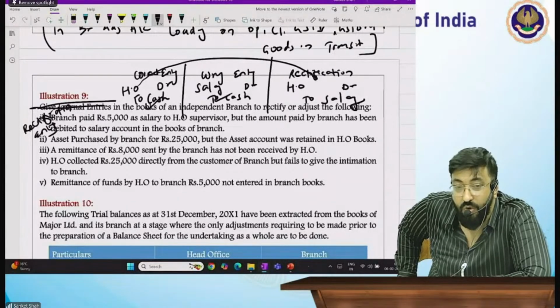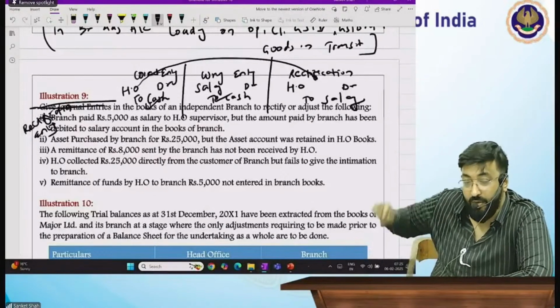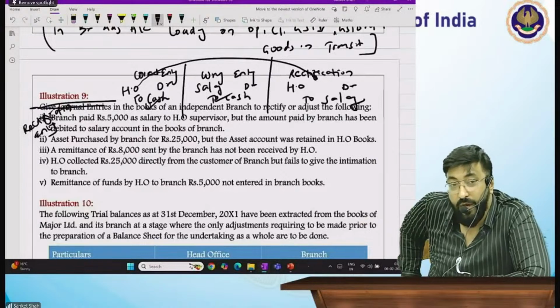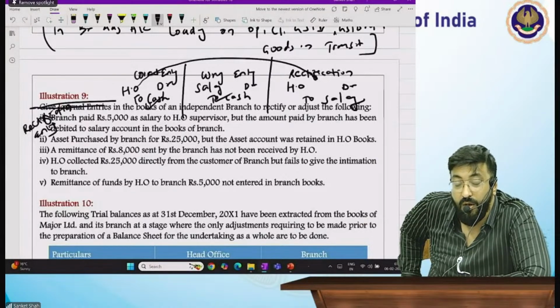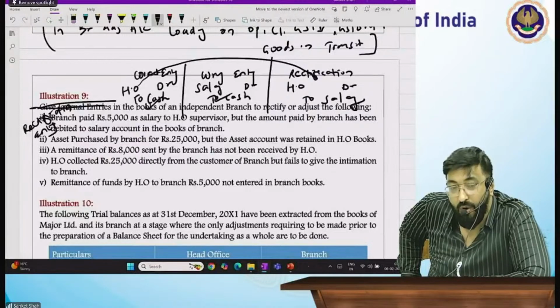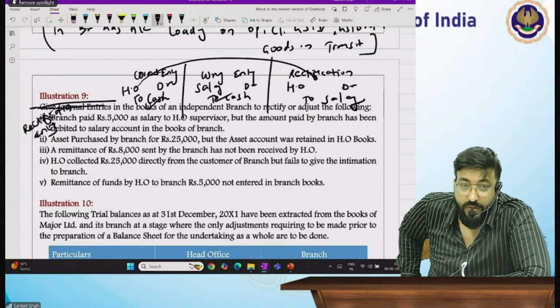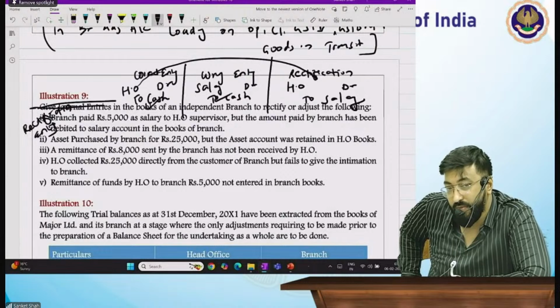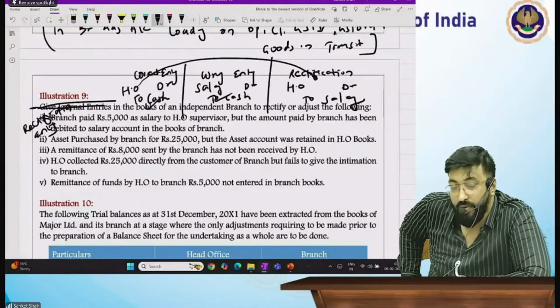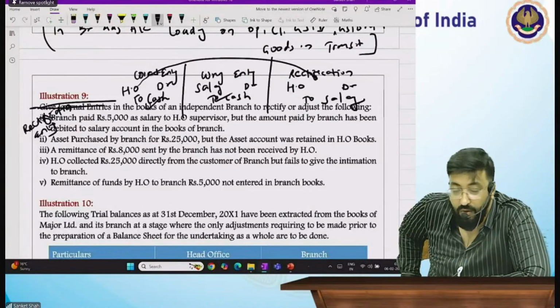So there is no need for rectification in cash. So cash, cash we have ticked. HO account in the correct entry we will give the same balance, and the wrong entry we will give opposite balance to cancel it, which is not ticked. So now you are correct.